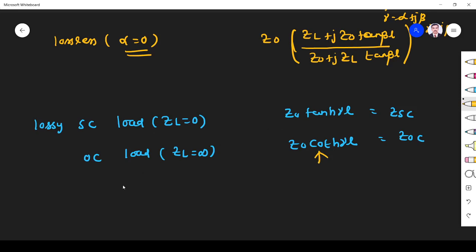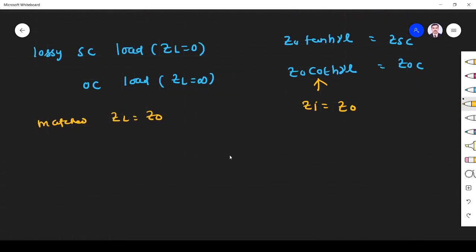Then for matched load, that is ZL is equal to Z0, it is matched condition. Fine. For matched condition, input impedance is Z0. Clear? So this is for lossy. For lossless load, lossless short circuit line, that is ZL is equal to 0. Fine.